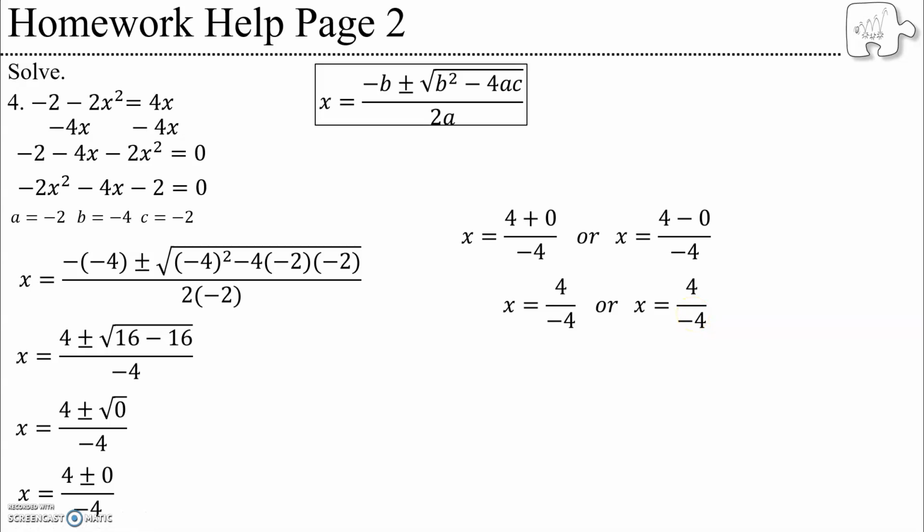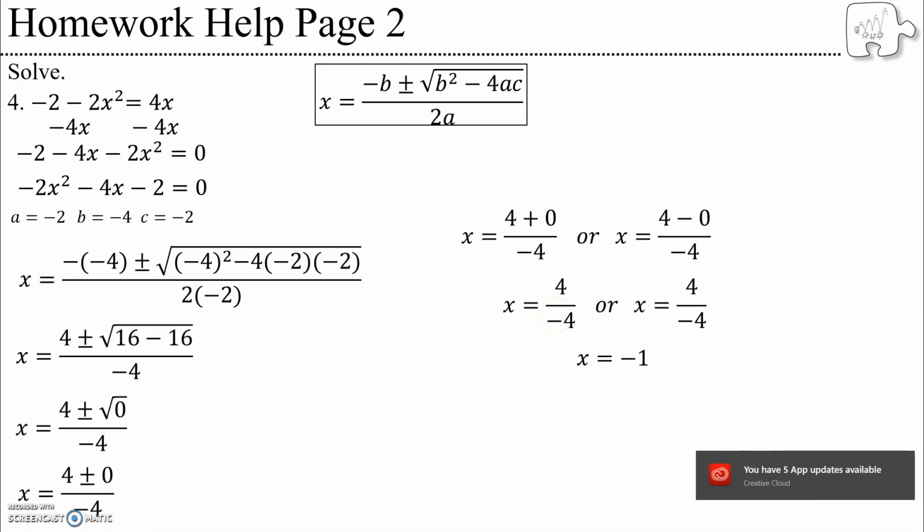If you're going to get the same thing, there's no point in having 2 answers. So we're just going to say that both times we get x equals -1. We just have a single answer of x equals -1.